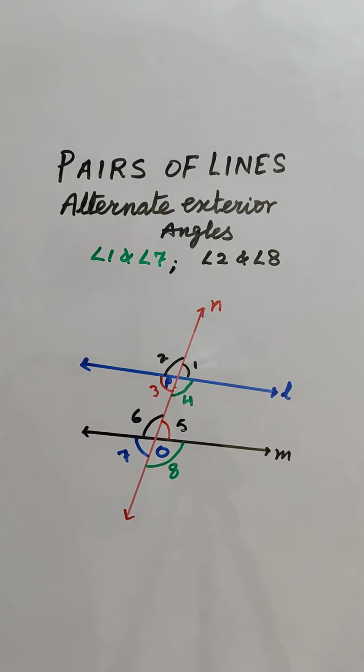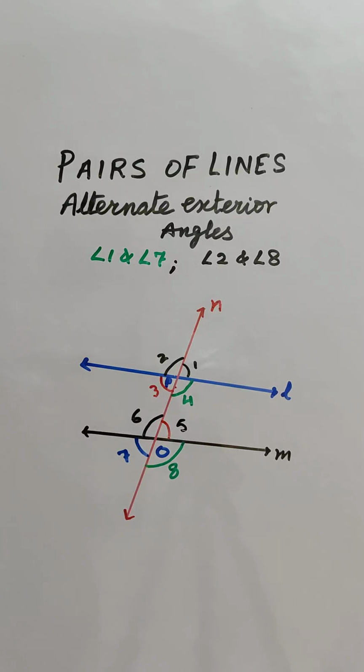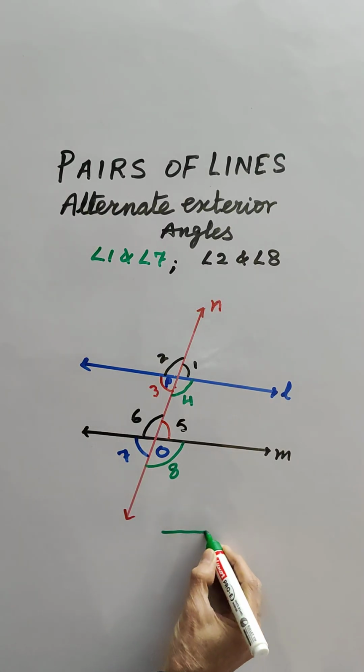In the given figure, angle 1 and angle 7 are a pair of alternate exterior angles, and angle 2 and angle 8 are a pair of alternate exterior angles.